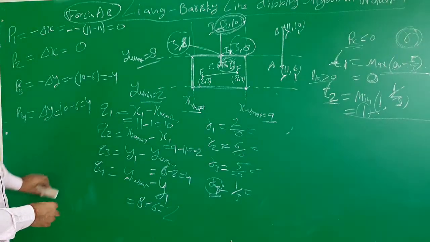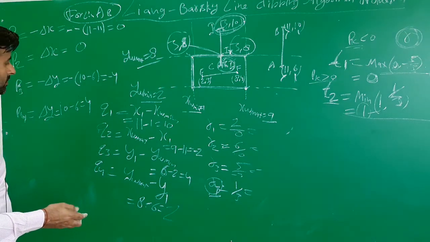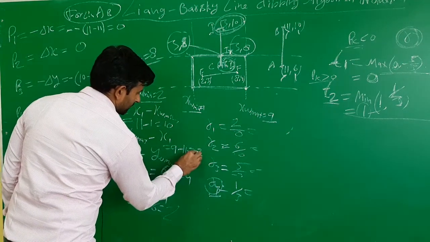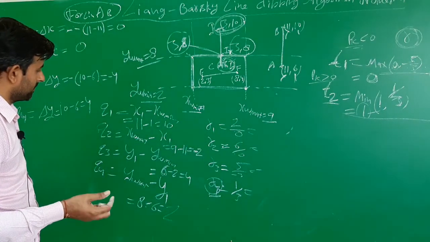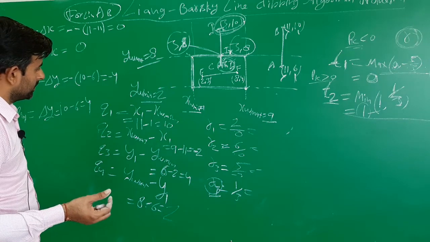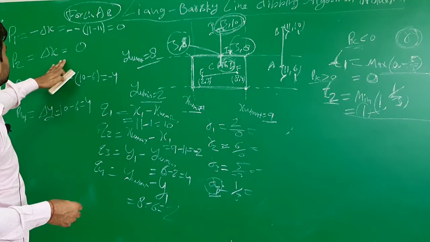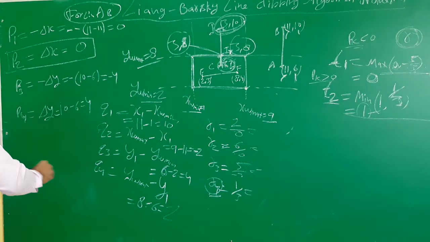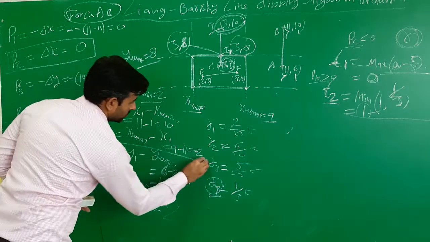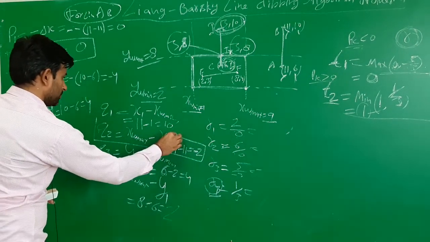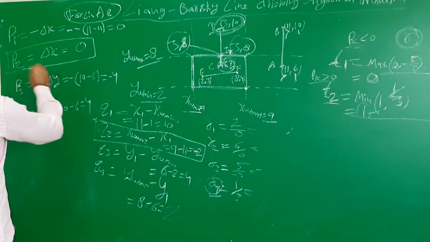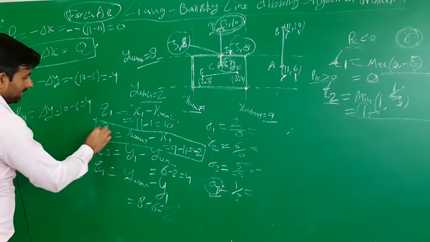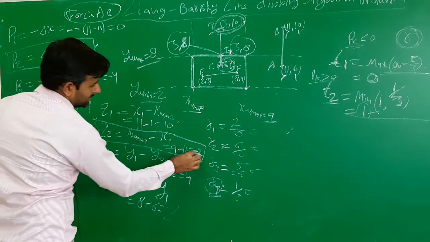Now, for this line, we are seeing some equalities. Check this value P2 and check this value Q2. P1 is 0, it means P2 equal to 0, and Q2 is minus 2.